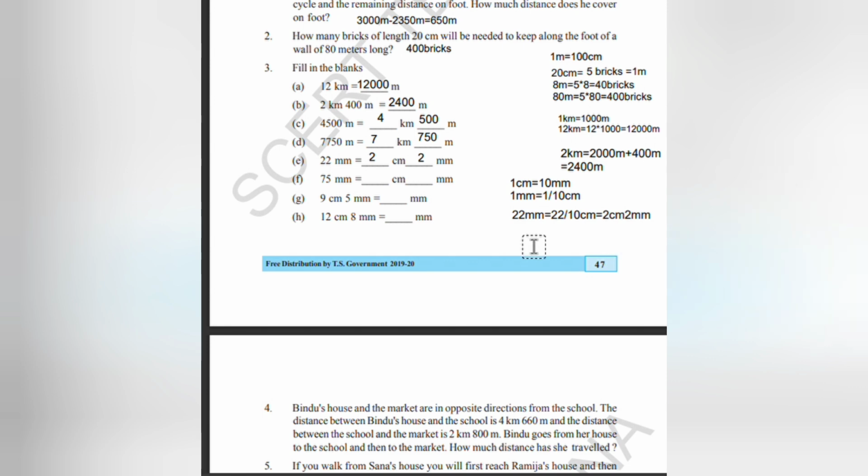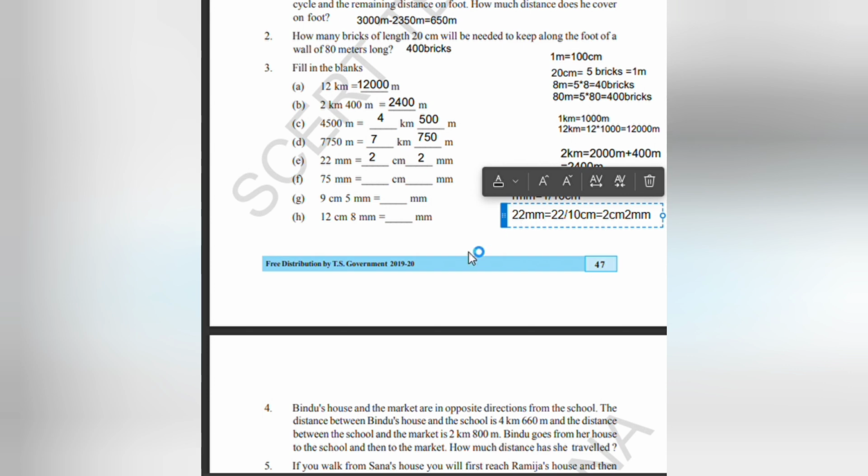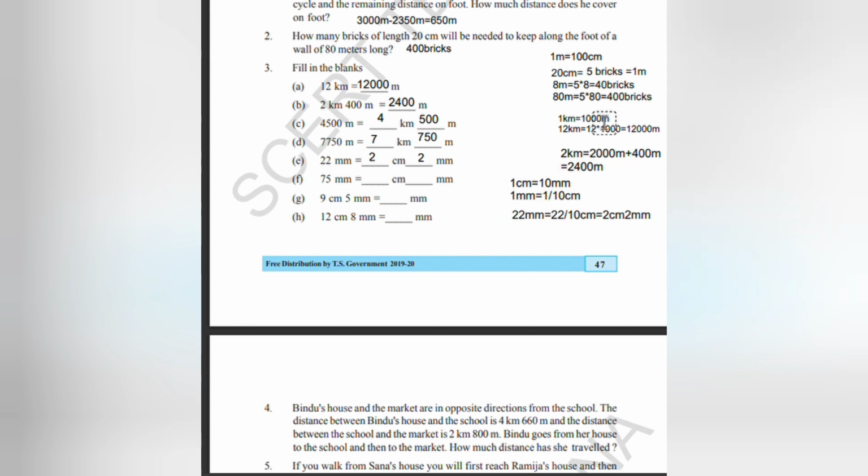Okay. Then what about 75 millimeter? How to write that? See here, I will write once more.